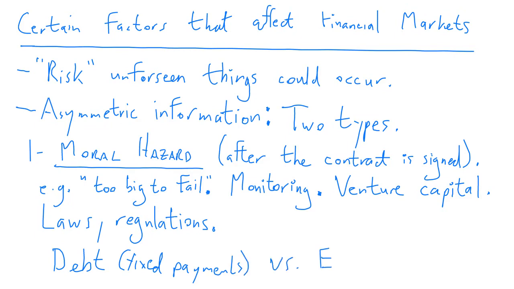The other is called equity. In the case of equity, the key idea is that instead of you getting fixed payments, if you're the lender, what you get is some share of the profits of my venture, whatever it is, of my enterprise.